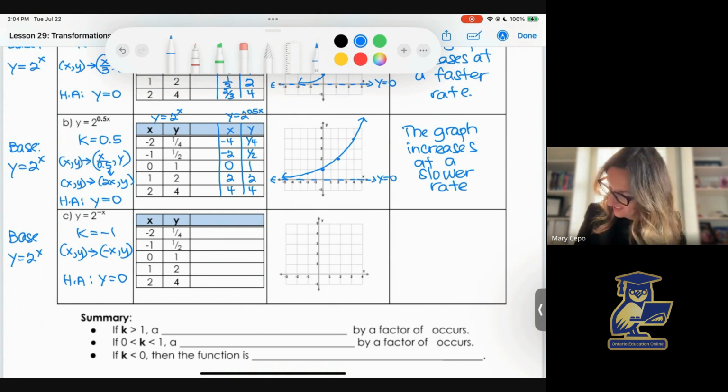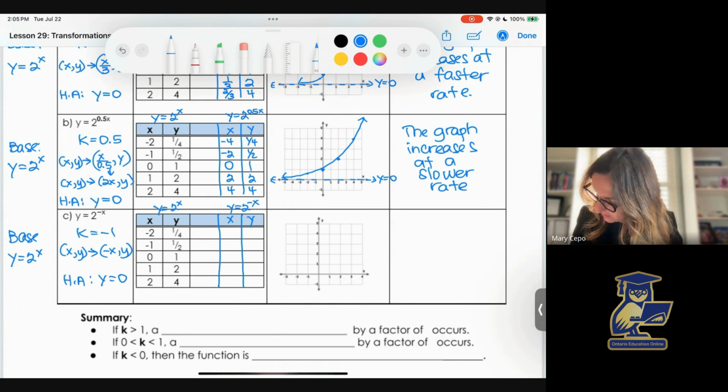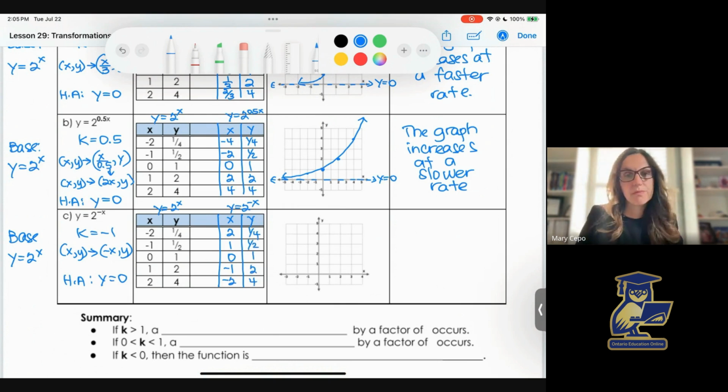Okay, so again, it seems a little tedious, but we want to ensure that you, at this point, grasp all the different transformations and applying them all to the exponential function. So we have y is equal to 2 to the power of negative x. That means all the x values are multiplied by -1. So -2 times -1, which is +2, +1, 0, -1, -2. And of course, the y values remain the same.